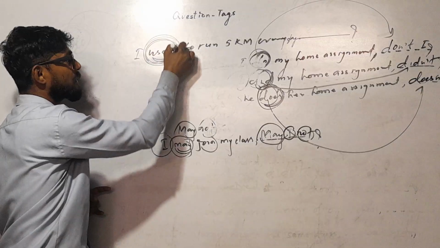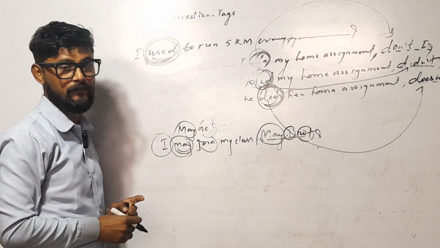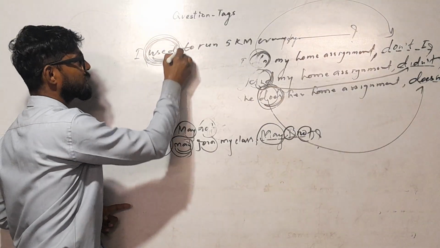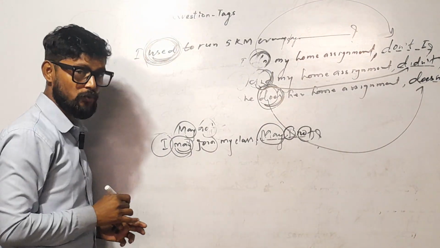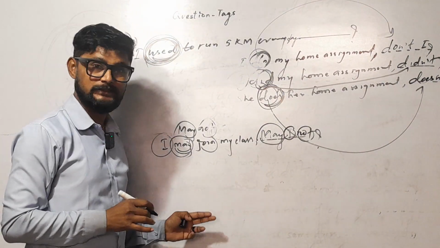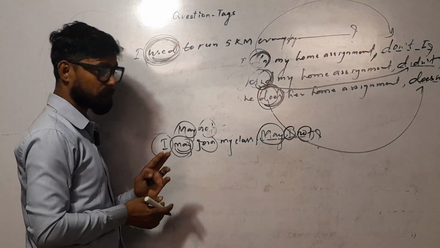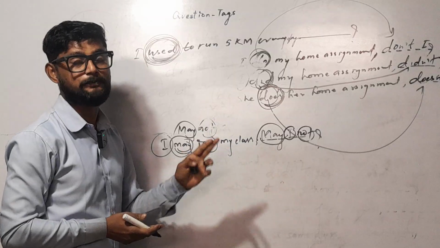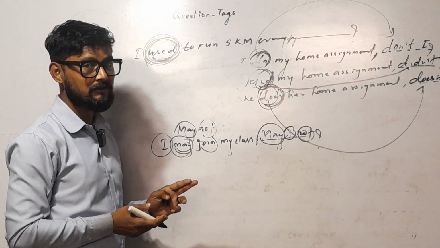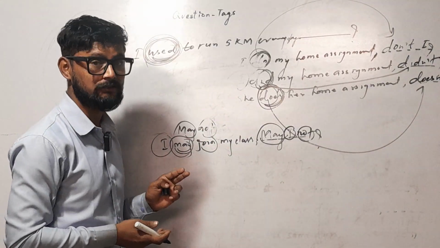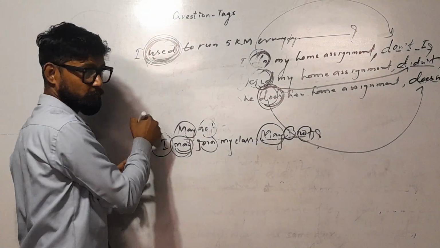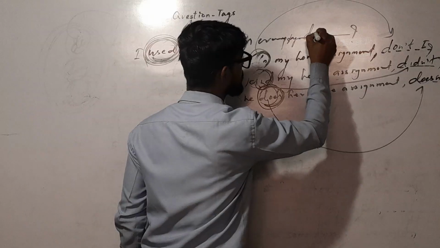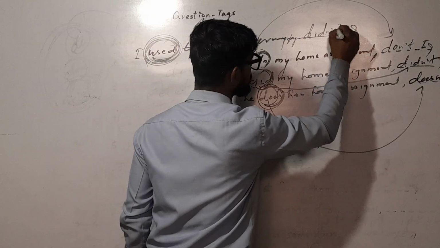As you know, used to is a helping verb, yes, but it is what? Verb 2. So as we discussed before, when we get verb 2 in the statements, what must be the tag? Yes, didn't. So it is verb 2. Try to understand. So here, didn't I?